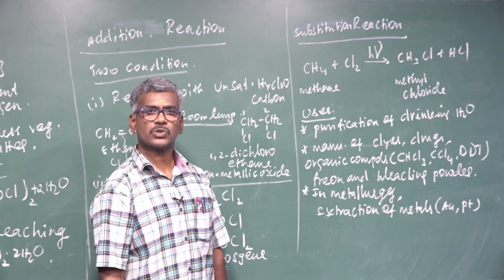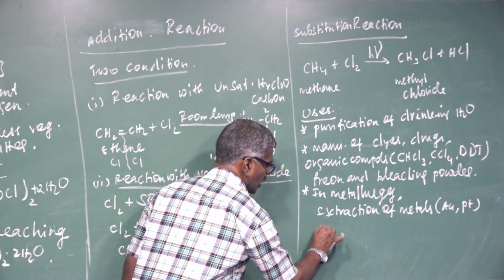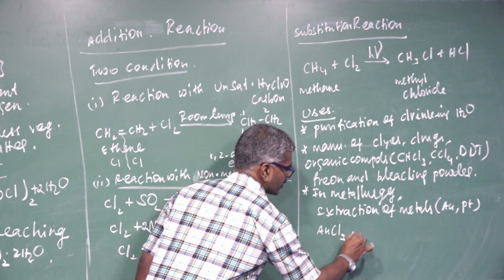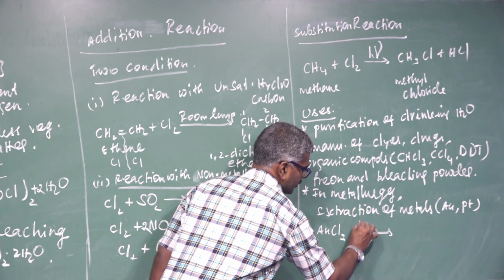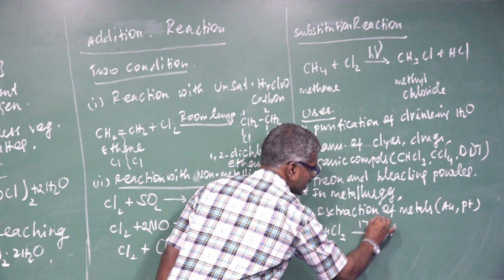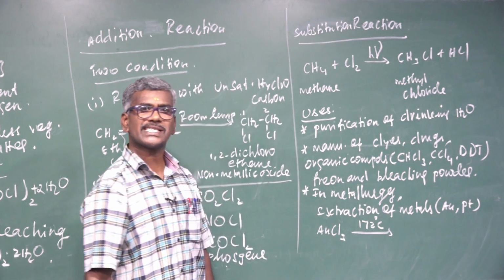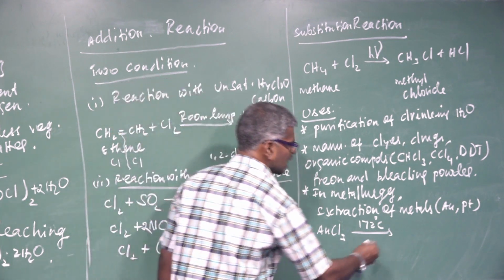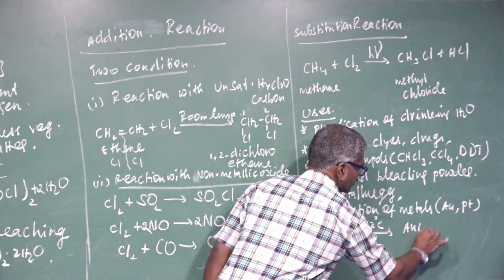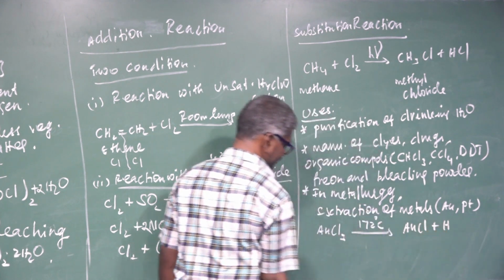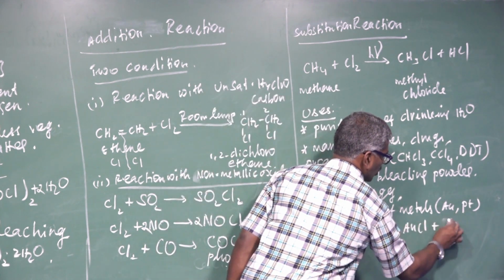Au valency +1 and +3. For example, AuCl3 is decomposed at 172 degrees Celsius or 175 degrees Celsius. It will be decomposed and give chlorine gas.